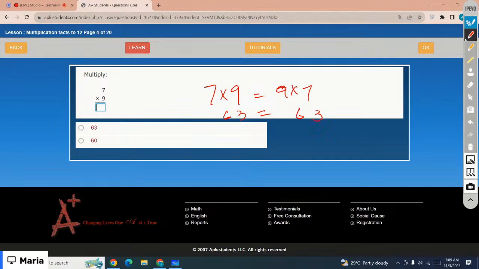So in case of multiplication, order does not matter. The correct option is 63. Very good.